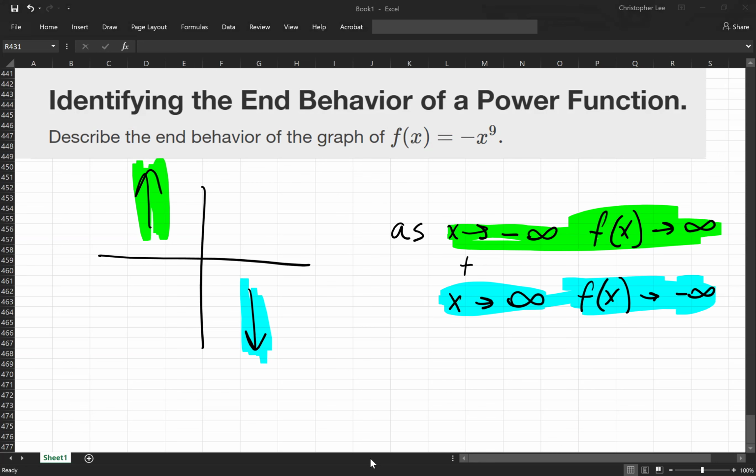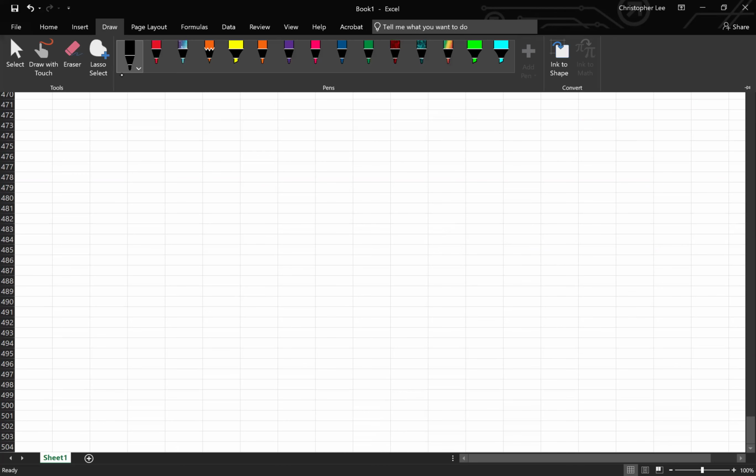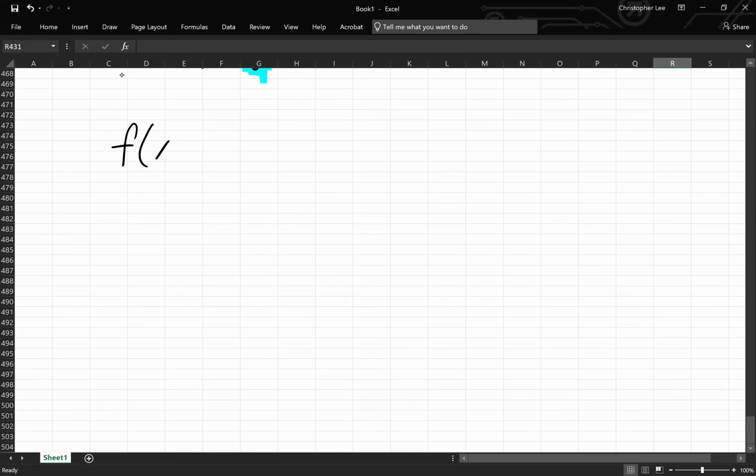Yeah, this is odd. Oh, a positive odd number. Yeah. So if I had x to the third, or even x to the fifth, say I had f of x equal to x to the fifth power, I don't know exactly what that looks like, but it looks something like this.